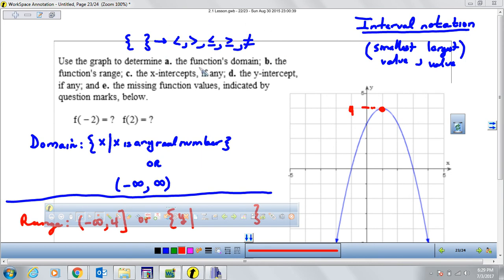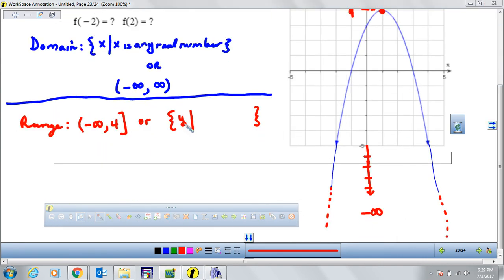If I want to say that the range consists of any value that is below the number 4 or equal to 4, we can use the symbol less than or equal to 4. So we can say that the range is the set of all y such that y is a number less than or equal to 4. And that is the range in both notations, either the set notation or the interval notation.